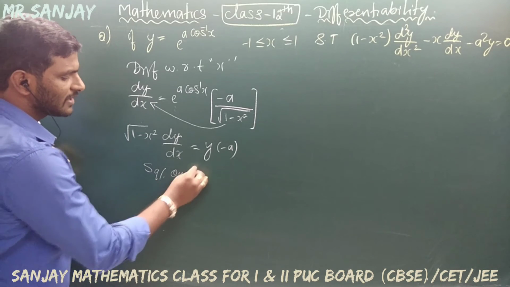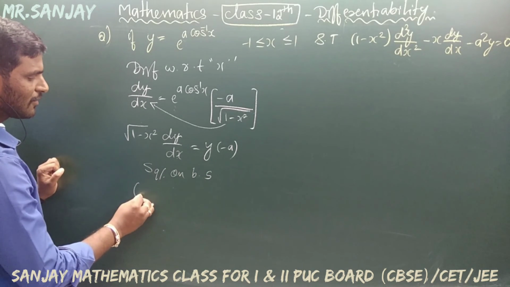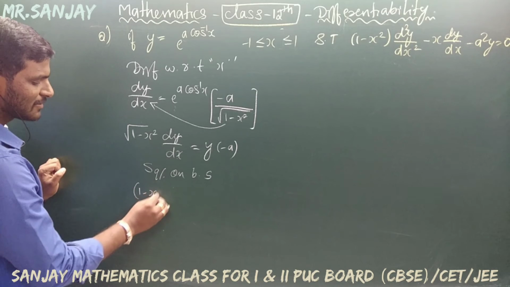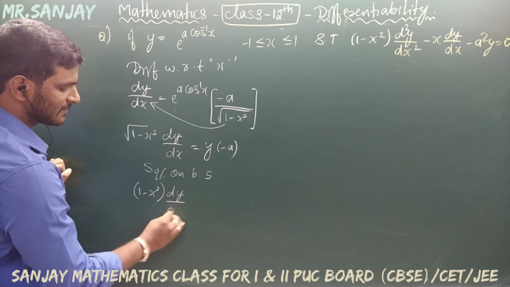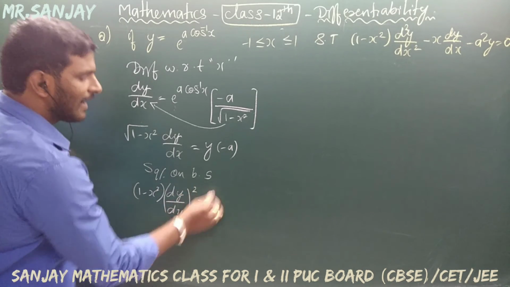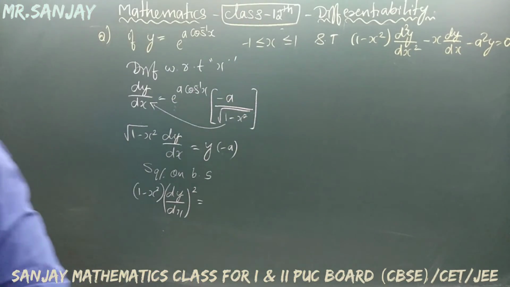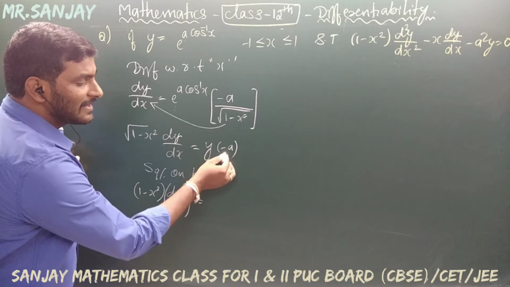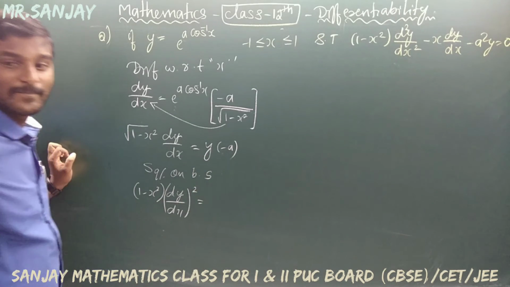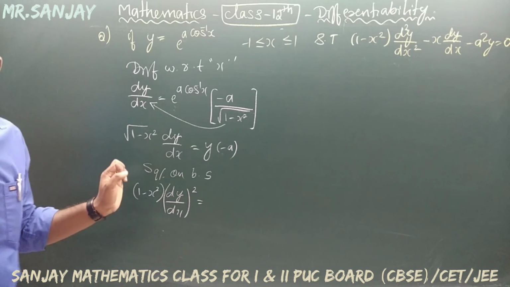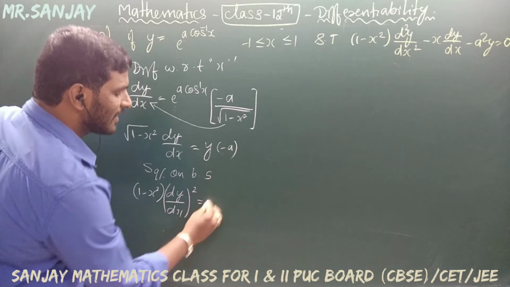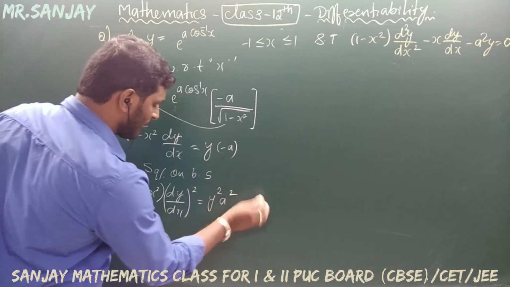Hence the square root gets cancelled: 1 minus x square into dy by dx whole square, and the minus a whole square is nothing but a square. So it's a square, and a square into y square.